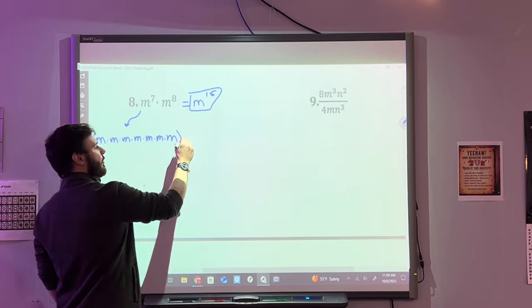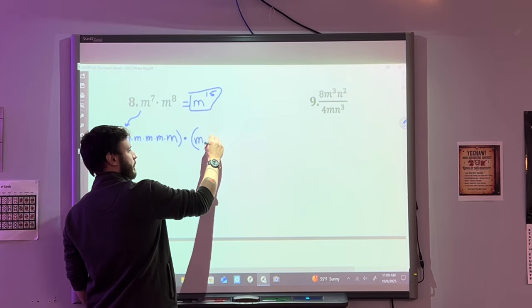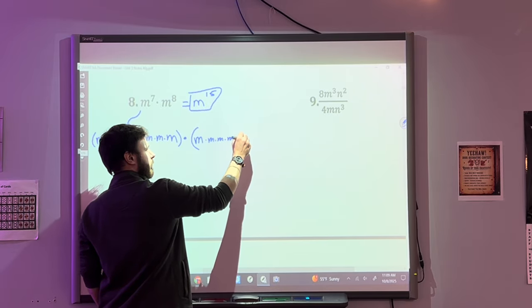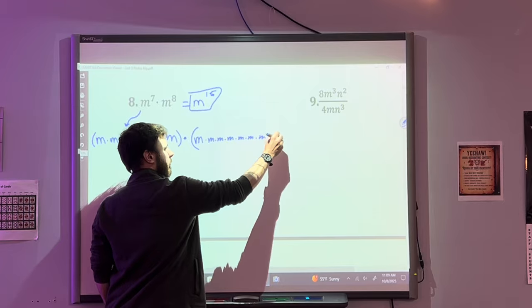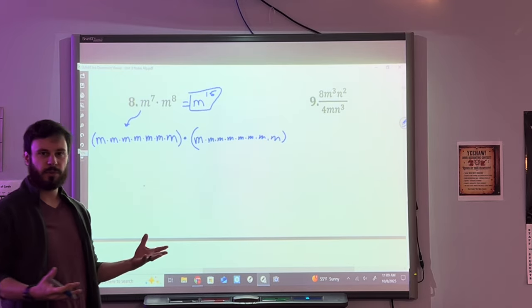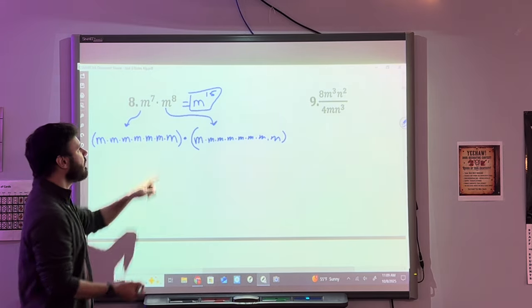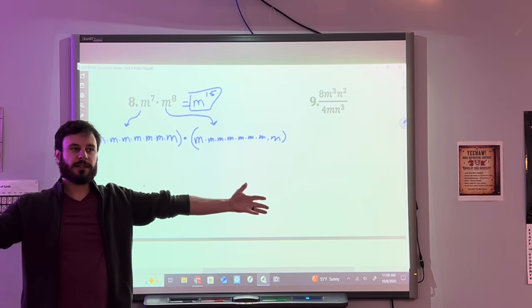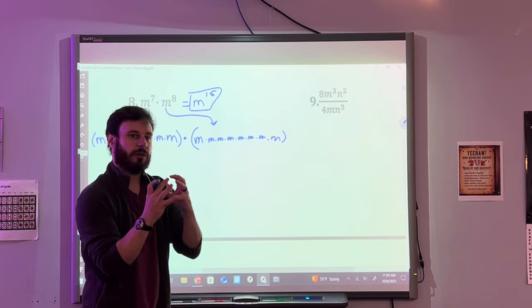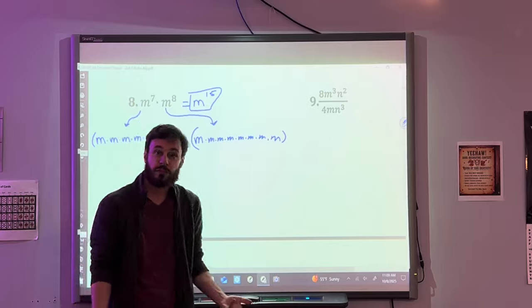Now it says I'm going to multiply it by m to the 8. 1, 2, 3, 4, 5, 6, 7, 8. Okay, that's what these exponents mean. M to the 7 and m to the 8, and then they're being multiplied together. So if I'm going to take all of that and just shove it into 1, I'm going to count how many m's I have, and that's 15. That's why this works.